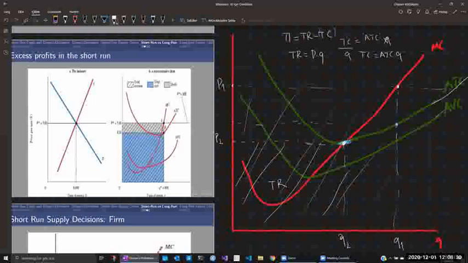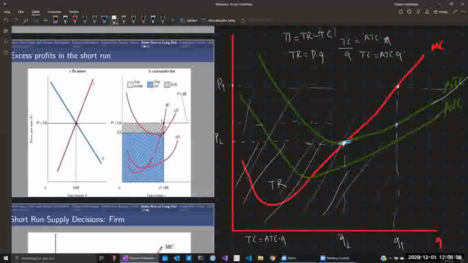Then I have to find the total cost at the same time. At this quantity, the average total cost is equal to this point here. Then I can find the total cost attached to this production level, which is equal to average total cost times the quantity, right?